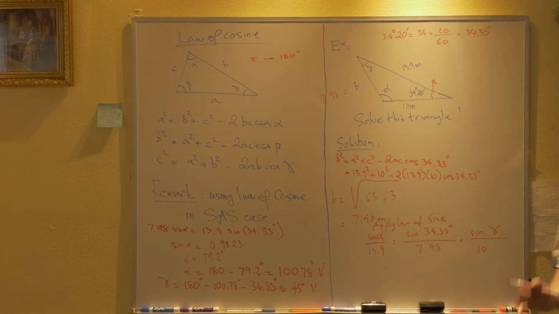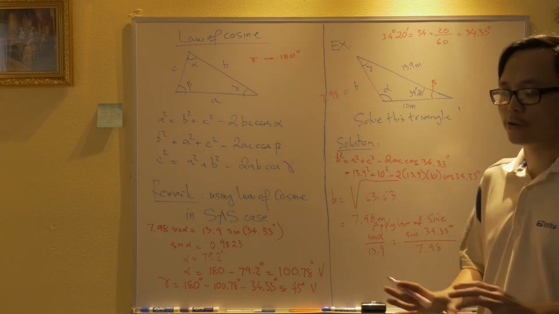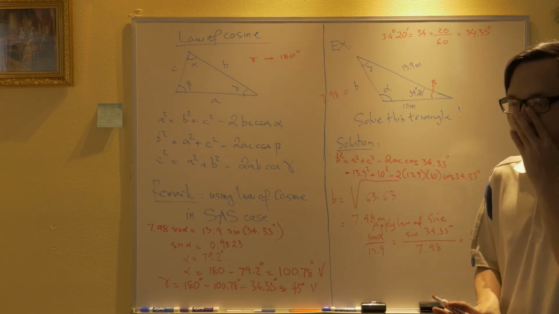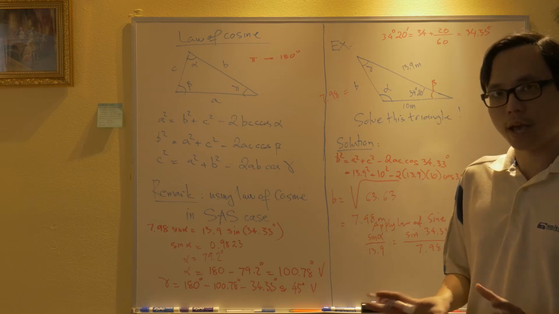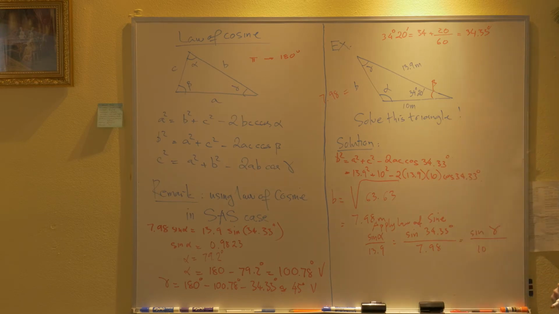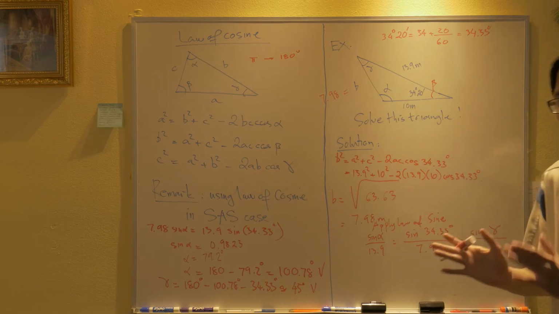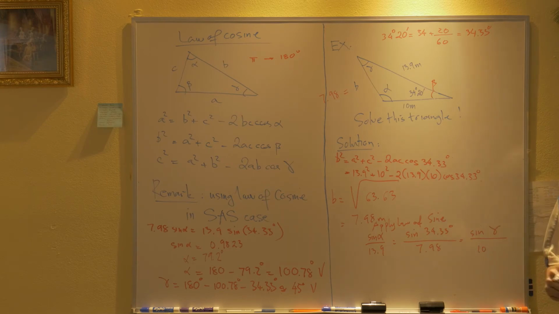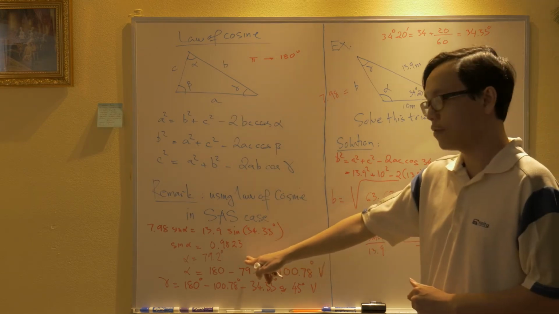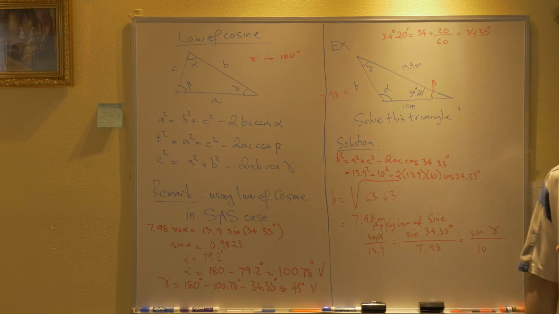Because sometimes the question just gives you the numbers, and when you draw the triangle, you have to draw carefully. You have to try to be in scale as much as you can so that you can see whether the angle is an obtuse angle or an acute angle, because when you take inverse sine, it always gives you two conditions.